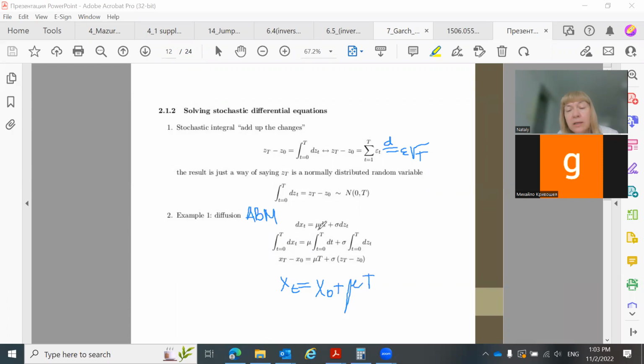Because mu is constant, but the integral of dt is t, and t from 0 to capital T is capital T minus 0, or only capital T. And in this case, sigma is constant, and this integral is epsilon times the square root of t. So this is the solution of this equation, arithmetic Brownian motion. Okay?